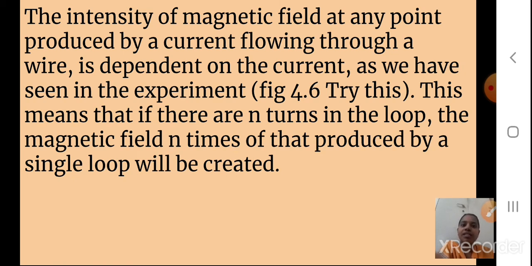This means that if there are n turns in the loop, the magnetic field will be n times that produced by a single loop. Okay students, I hope you understood.